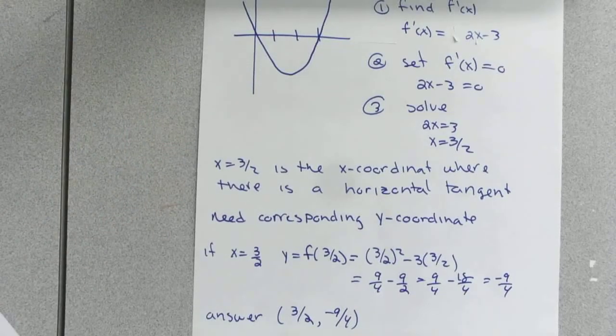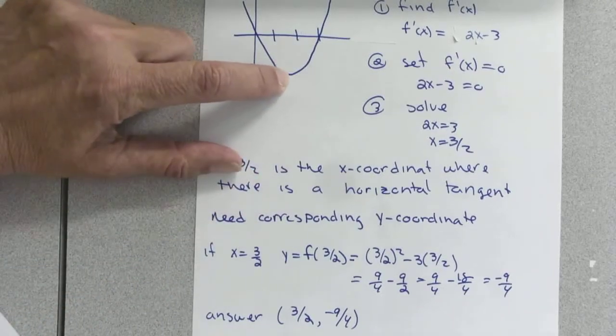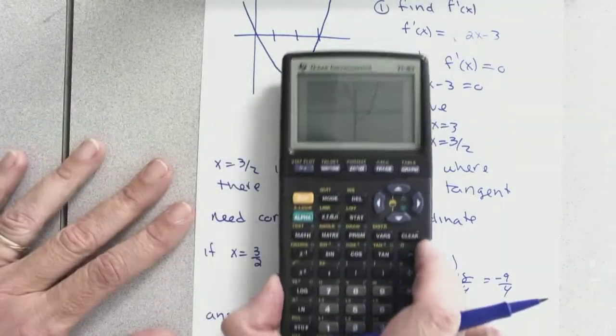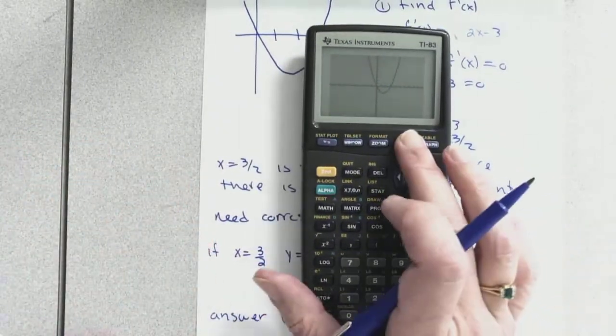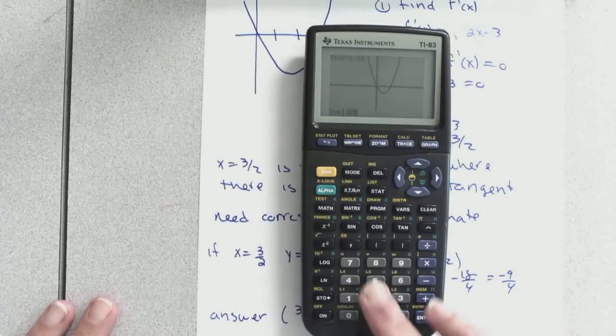And then you can check that by looking at a graph. Even my very rough graph doesn't look too far off. That could be x equals 3 halves. But if I look at my good graph, there's my good graph. And let's just do a trace and go to 3 halves, which is 1.5.